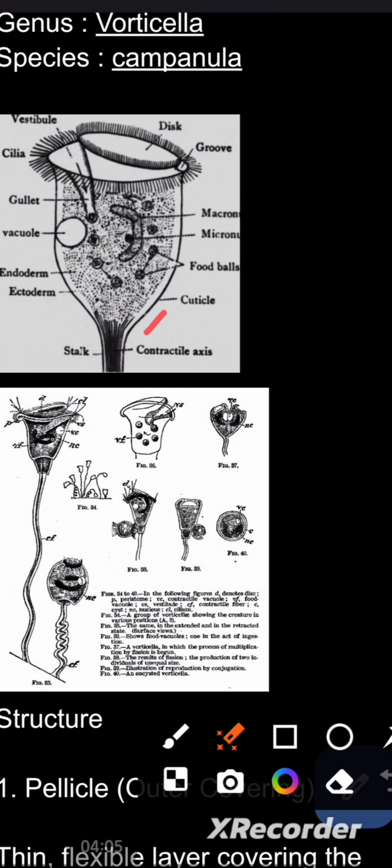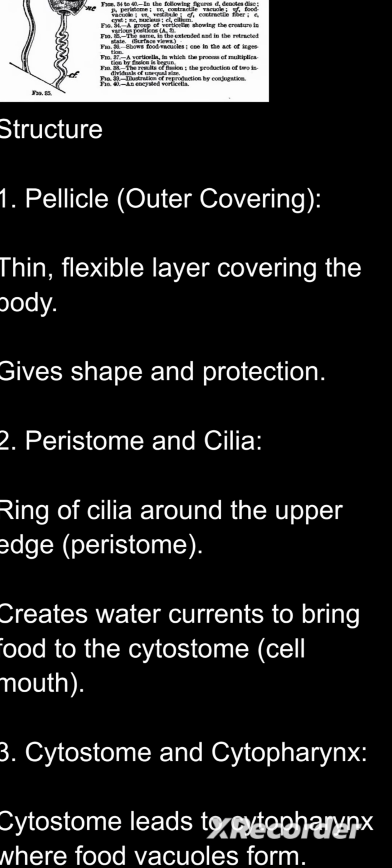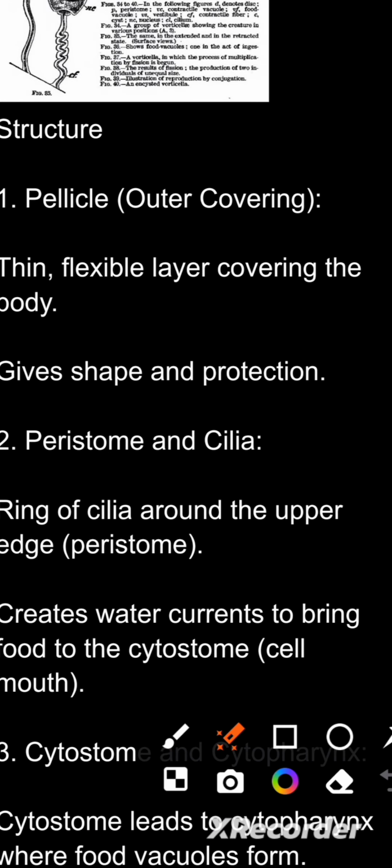The outer covering of the entire body, which we also call cuticle. It is a thin and flexible layer covering the entire body, which gives shape and protection to the body.